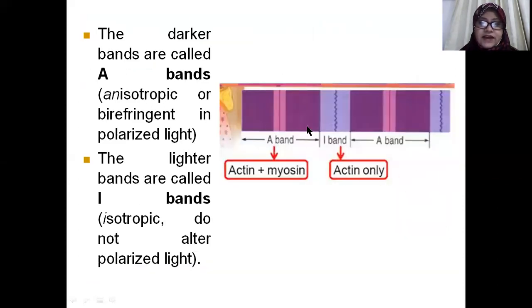The darker bands are called A-bands, that are anisotropic or birefringent in polarized light, and the lighter bands are called I-bands, that are isotropic and do not alter polarized light.